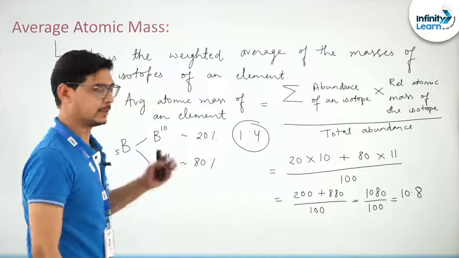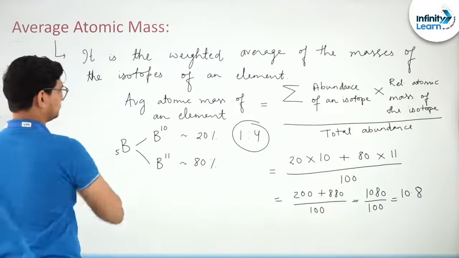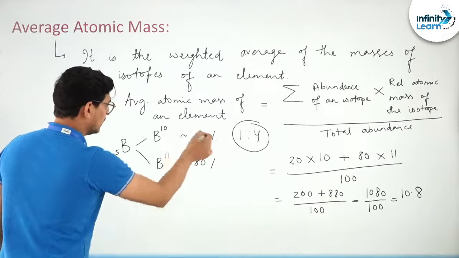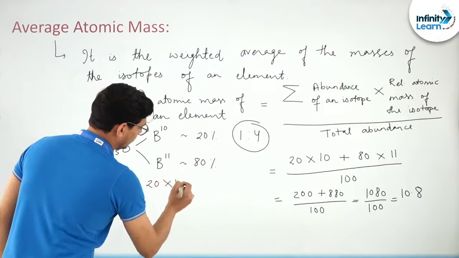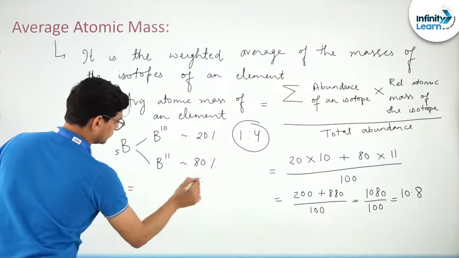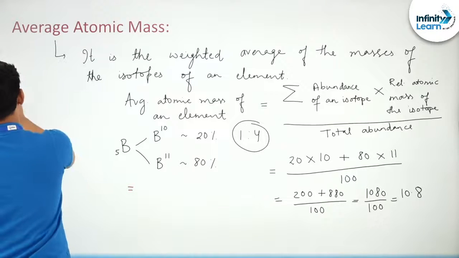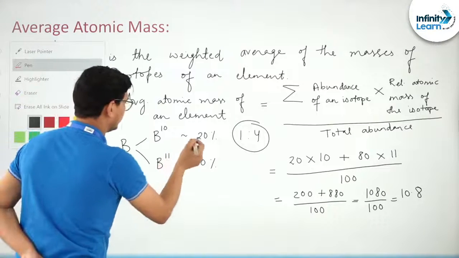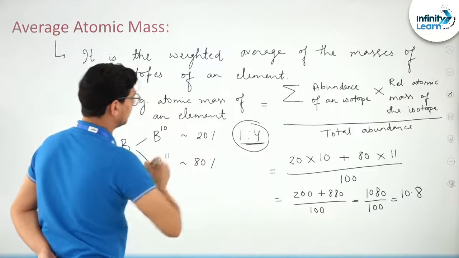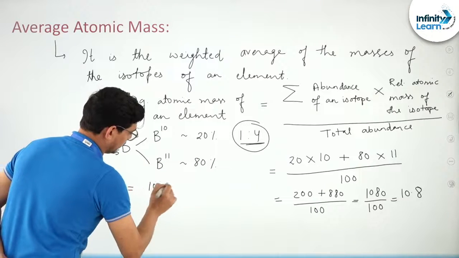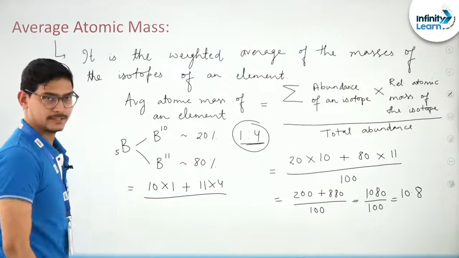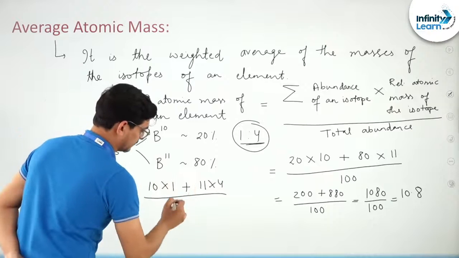In that case, I can write 10 into 1 plus 11 into 4, and the denominator would have been 1 plus 4.